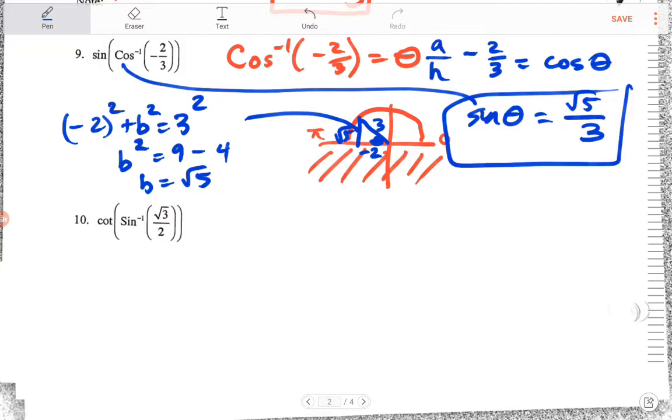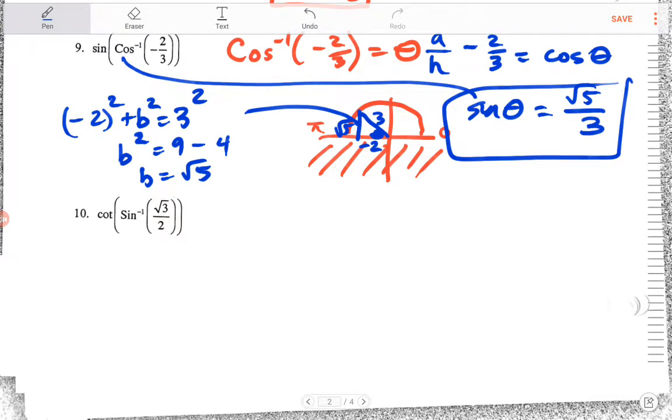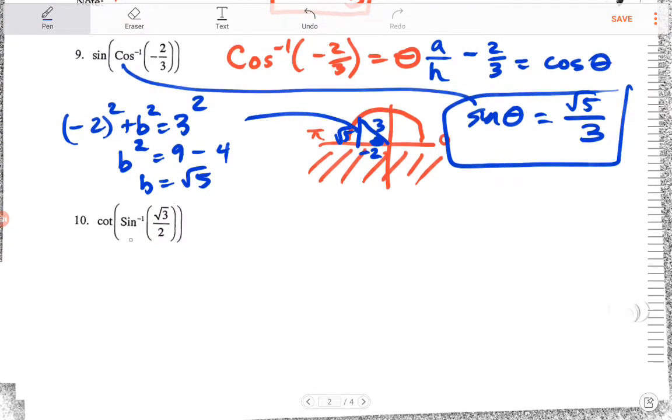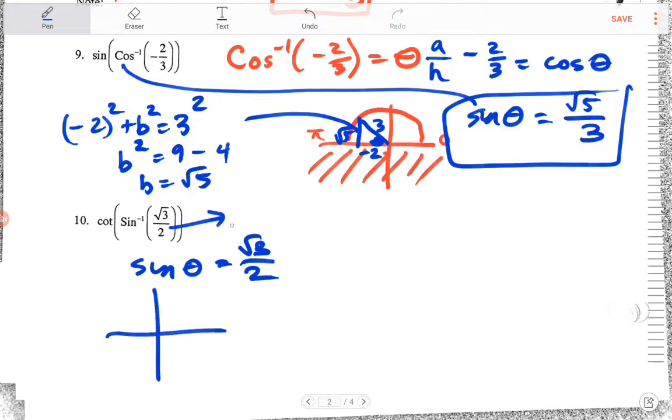Okay, going on to number 10. We can use the same approach here. Because we see that it's the inverse sine, keep in mind that this is the same thing as saying sine of theta is equal to root 3 over 2, but this also needs to be contained within our restricted domain.